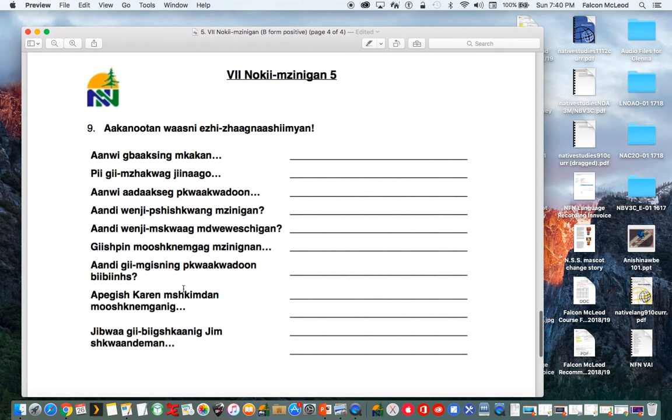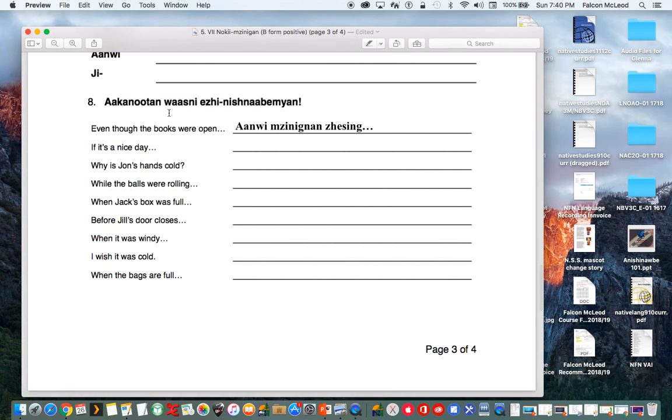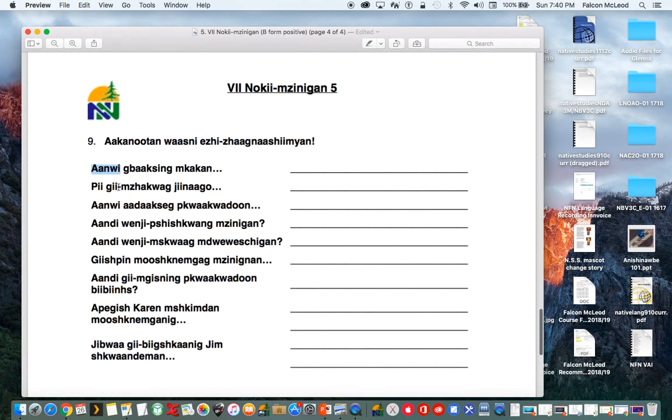Next one, section 9. Akanotan wasne ejajagna shimian means translate these into English. So we have onwe. We know that word means even though. So we can start that word here. Even though. And then we're going straight into our verb here.